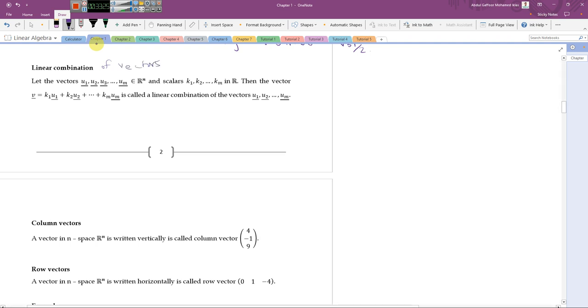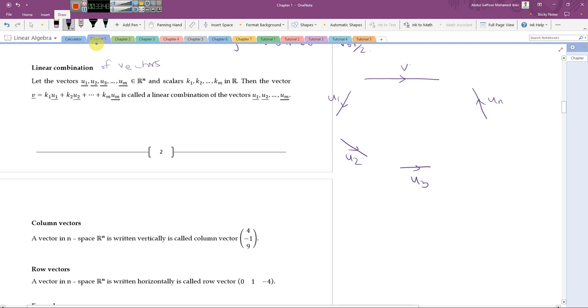Right. So linear combination of vectors means, let's say we have a vector v, and we have some other vectors u1, u2, u3 up to un like this, right?